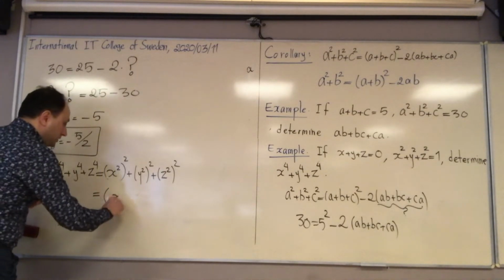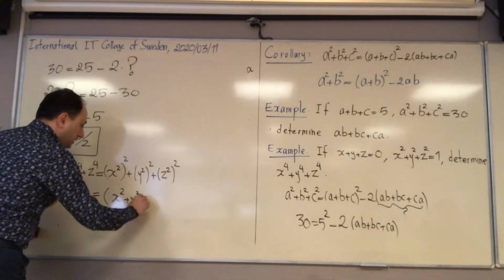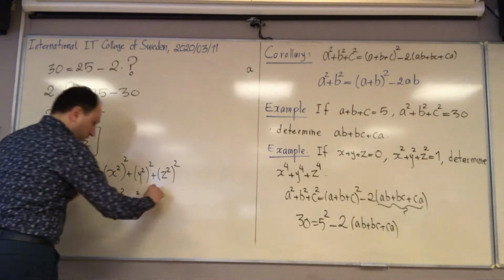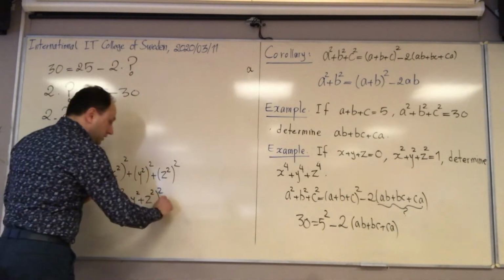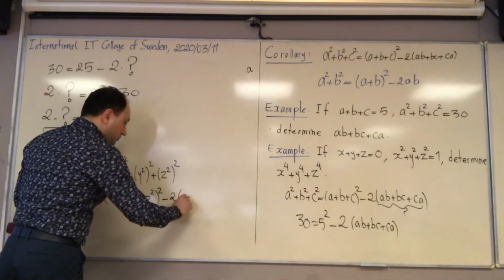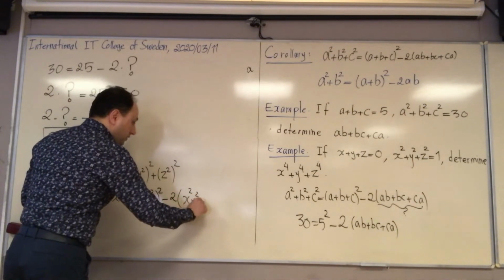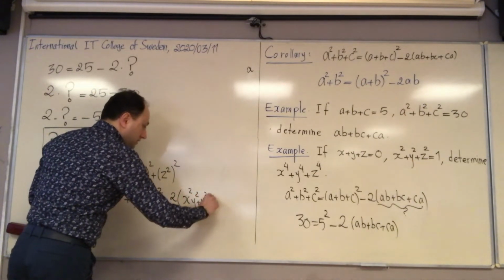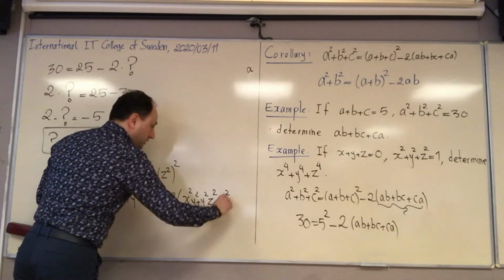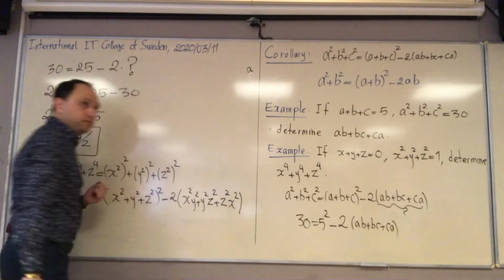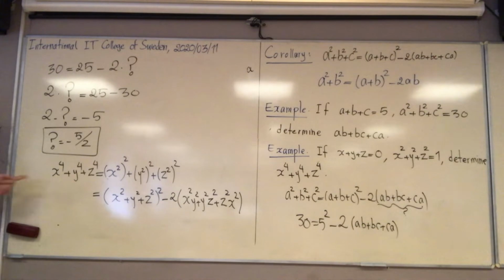x squared plus y squared plus z squared, yes, to the 2, yes, minus 2 times x squared y squared plus y squared z squared plus z squared x squared. Agree? Okay, so you see, this is your question mark.